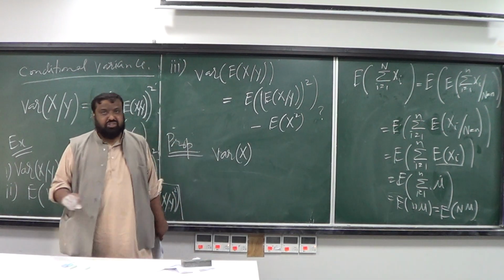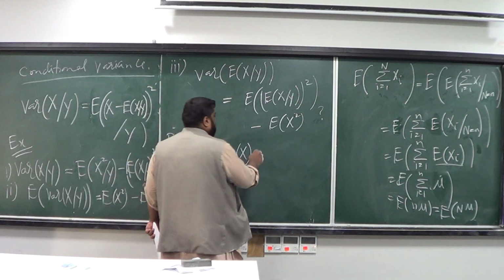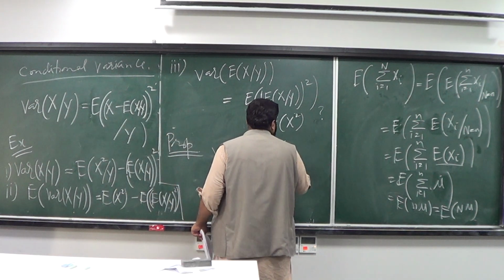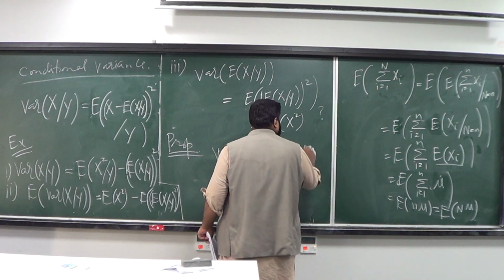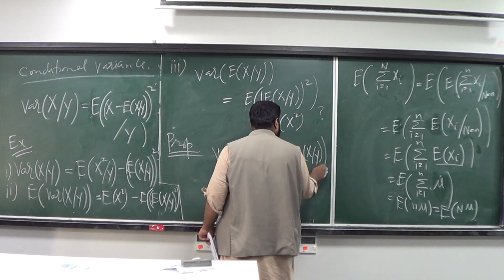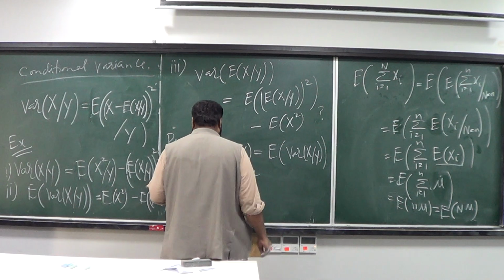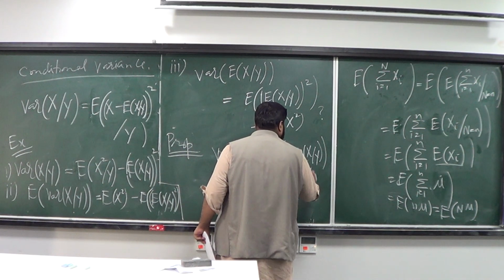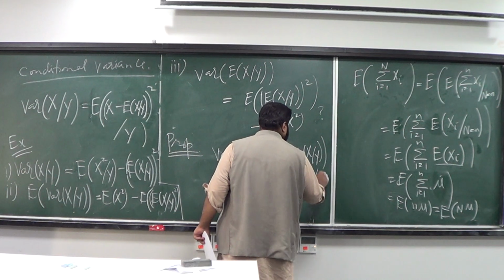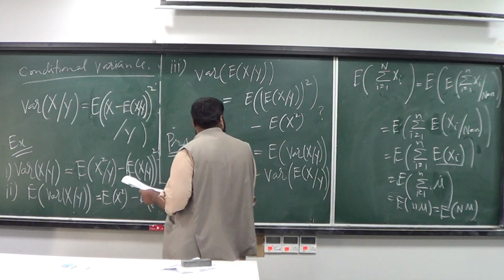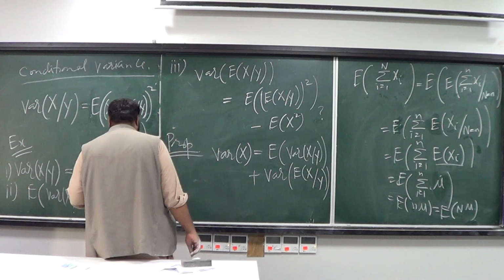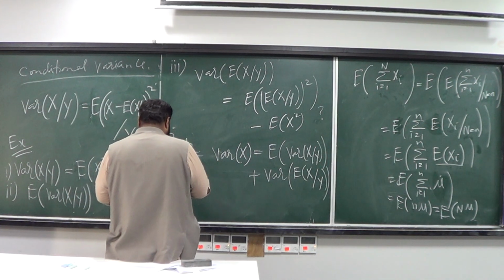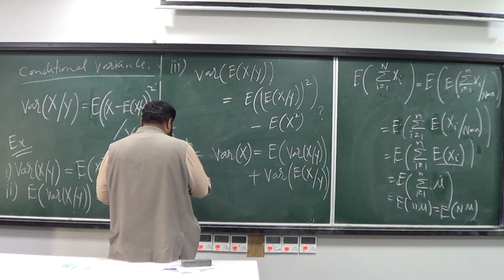The answer is yes. The variance of x is equal to the expected value of the variance of x given y plus the variance of the expectation of x given y.